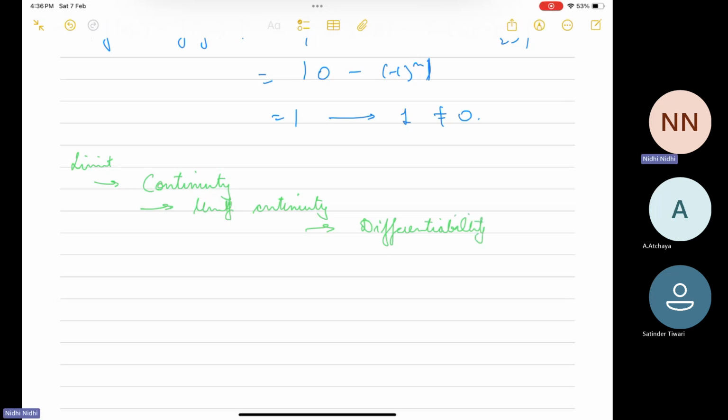So we'll see how we can say that a function is differentiable.